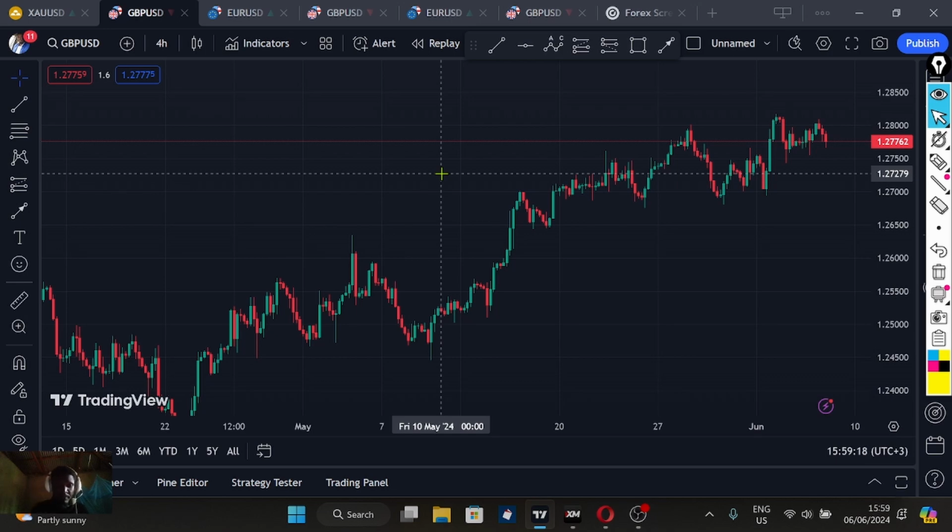Now, the pairs that we shall be covering are gold versus USD, Euro USD, GBP USD, USD JPY, and this is the overview of what we shall be covering in today's presentation.